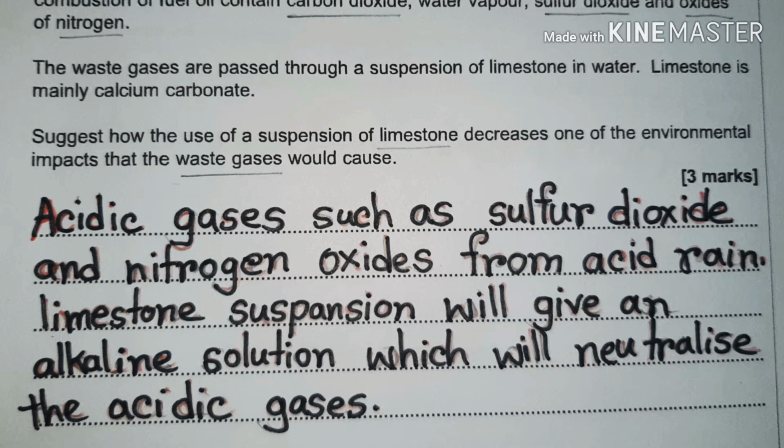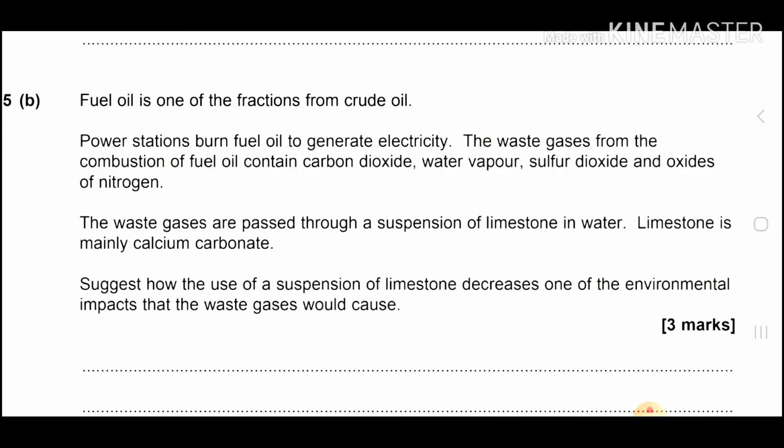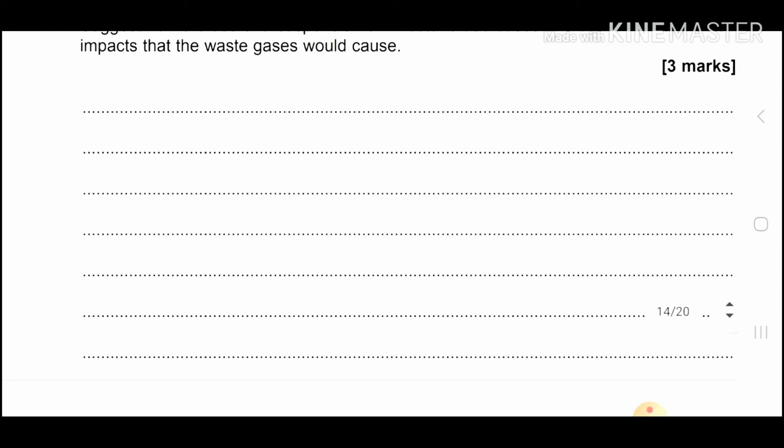Acid rain is caused by sulfur dioxide, we know that, and it is neutralized by calcium carbonate. And global warming is caused by carbon dioxide. This is the main thing. I'm just explaining to you. So let's see the next one.